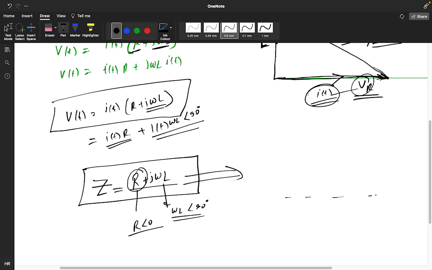Take the reference and draw R along the reference because it is 0 degree. Omega L will lead this reference by 90 degrees. This is your omega L, which we call XL.